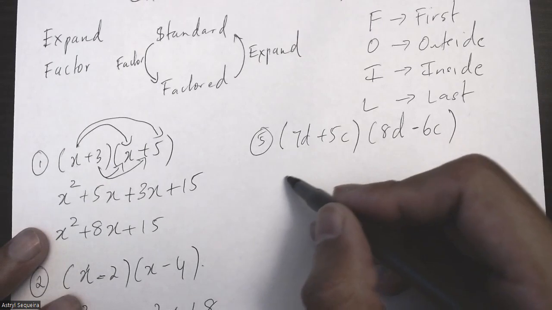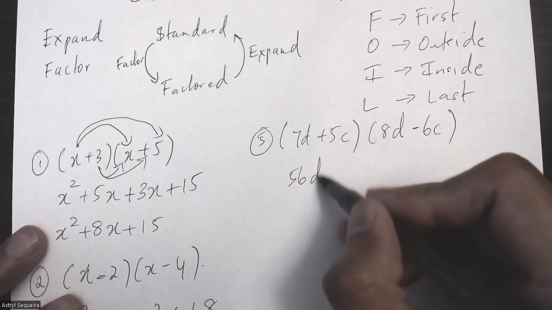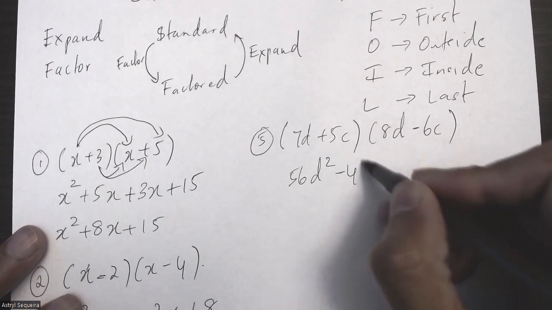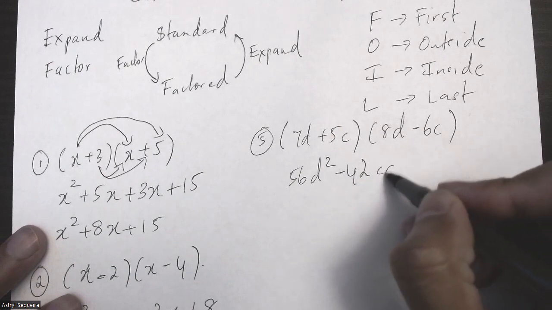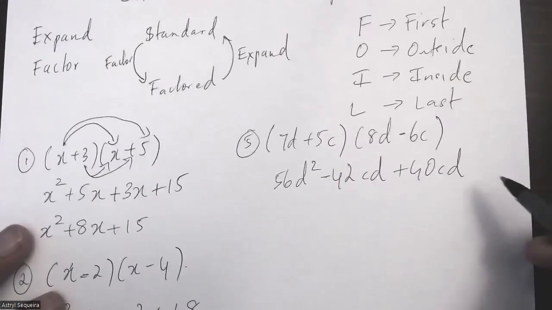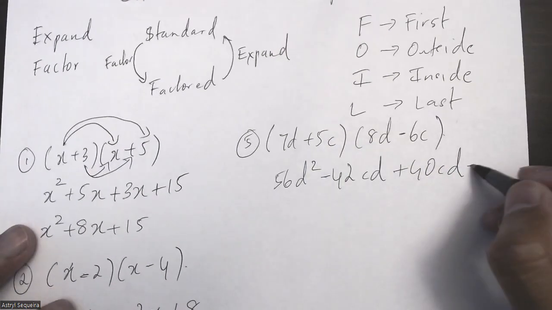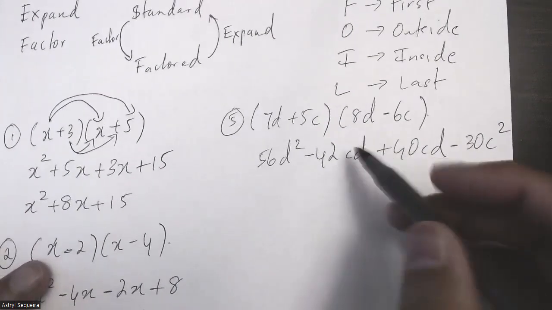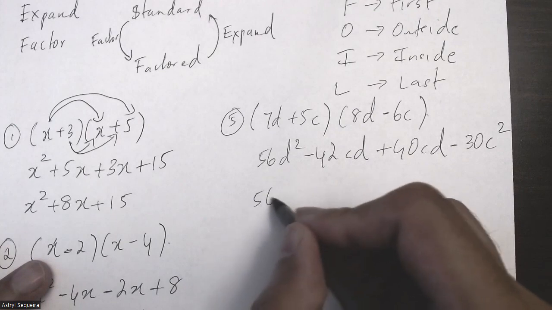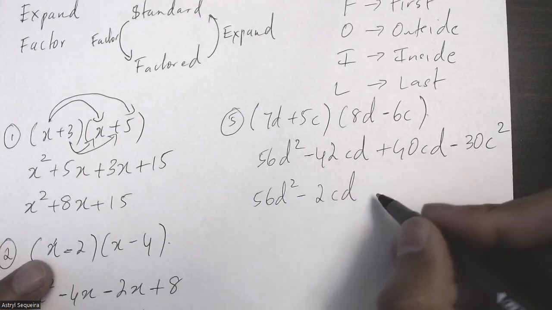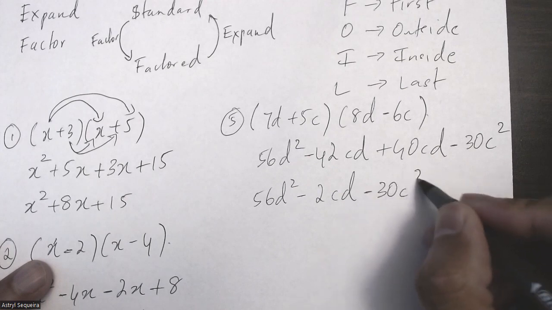So that's going to be 56d squared. 7 times 6 is negative 42cd plus 40cd, then multiply these two, negative 30c squared. Then combine these two like terms in the middle. It's just negative 2cd minus 30c squared.